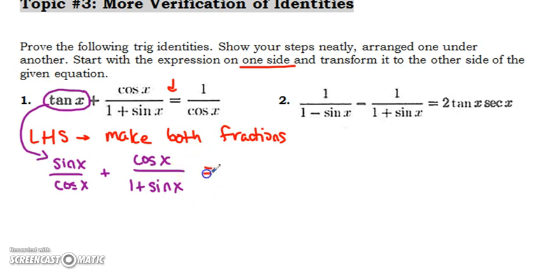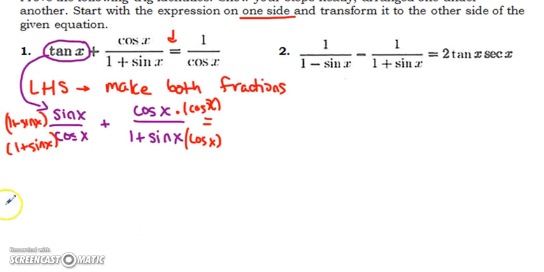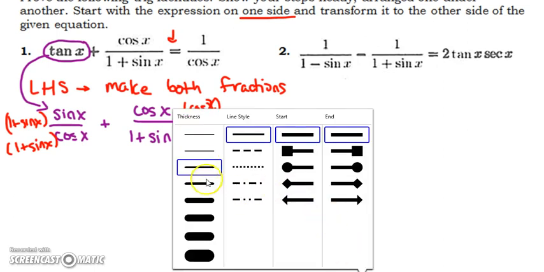the second thing: this is equal to that. That's our goal. I want to multiply this by cosine x over cosine of x, because cosine is the denominator over here. And I want to multiply this by 1 plus sine of x over 1 plus sine of x. I'm sorry if that's a little hard to read. I do apologize. I'm going to at least try and make this a little thinner.